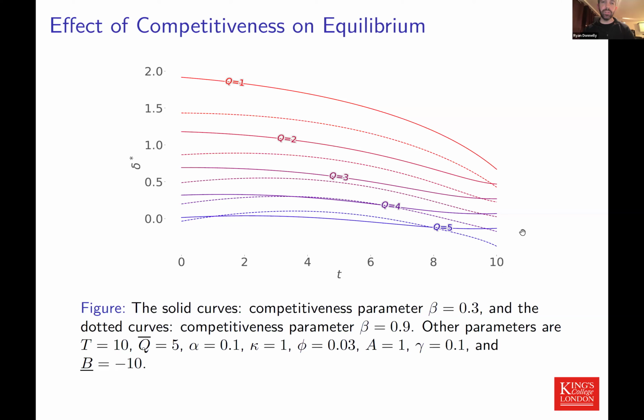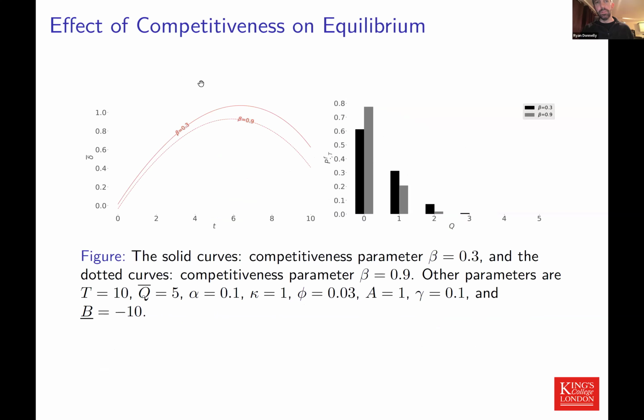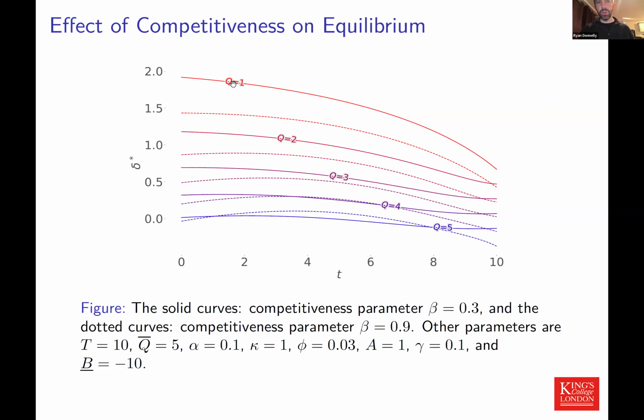So the interesting thing that we see here is that there is not a uniform, at least in a qualitative sense, change made to the equilibrium strategies when the competition increases. What I mean by that is, let's look at when the remaining inventory is 1.